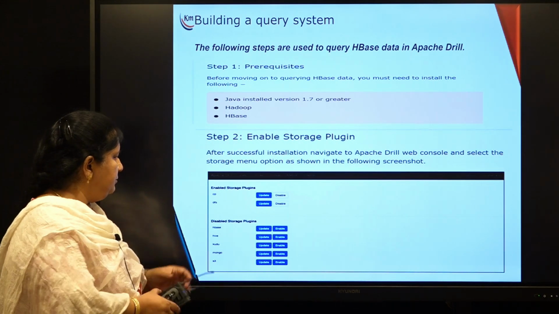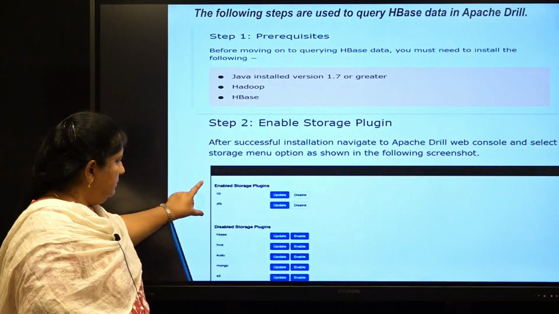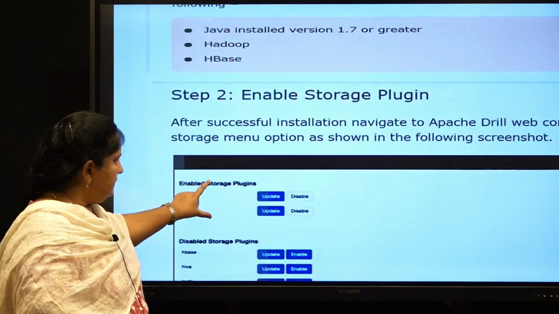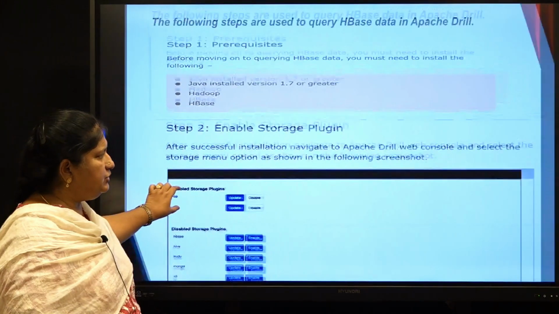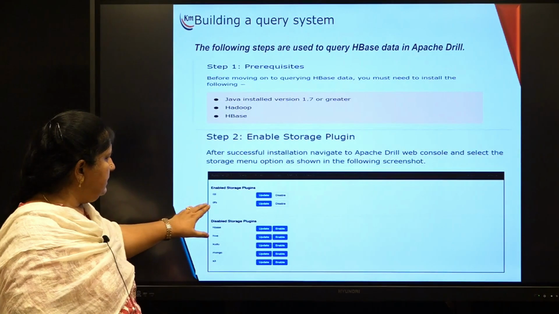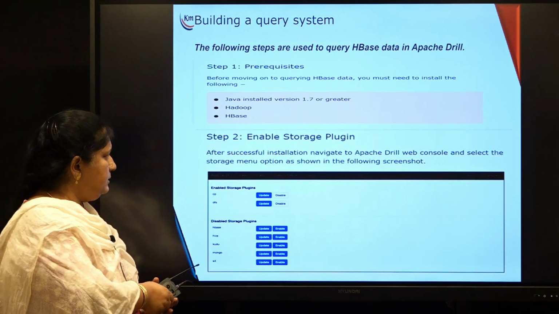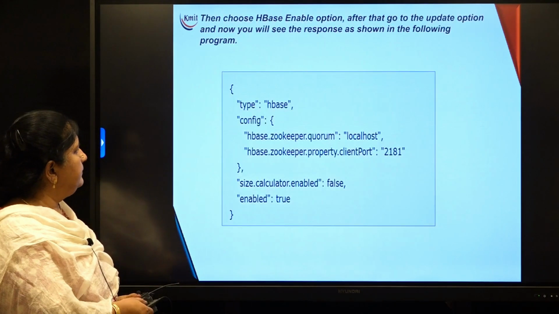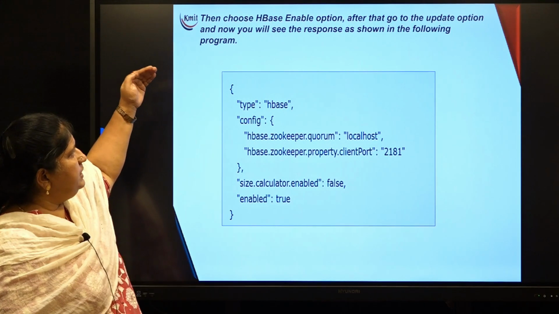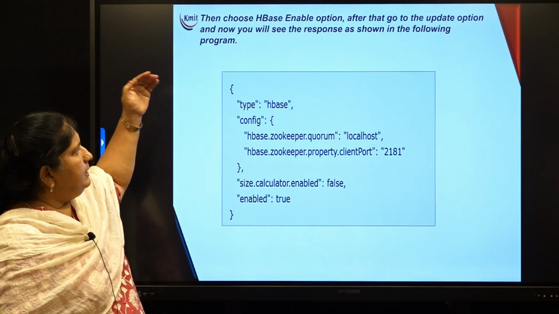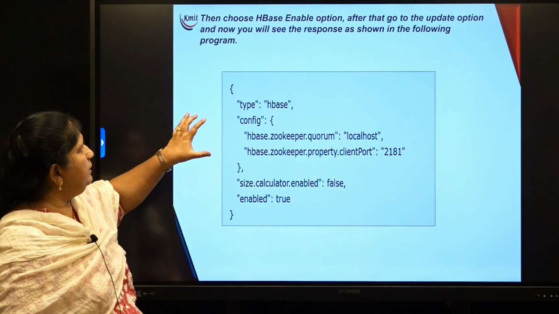Similarly, if you want to access the CP and CFS, these are the file systems just like our HDFS, try to enable these storage plugins. Then what we do is choose the HBase enable option, and after that we go to the update option.